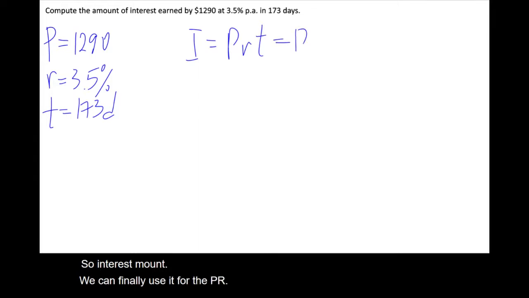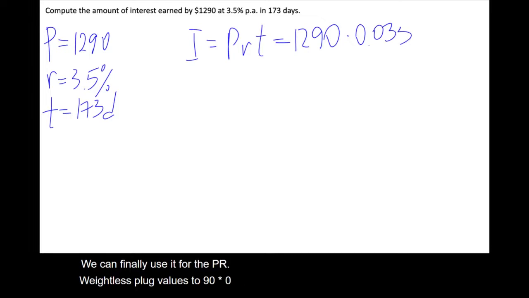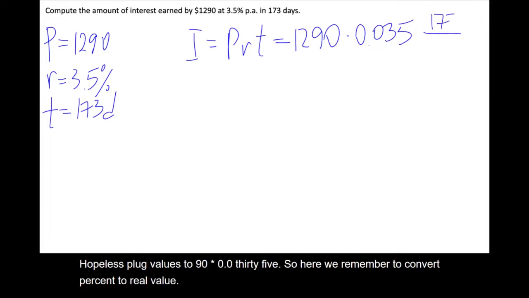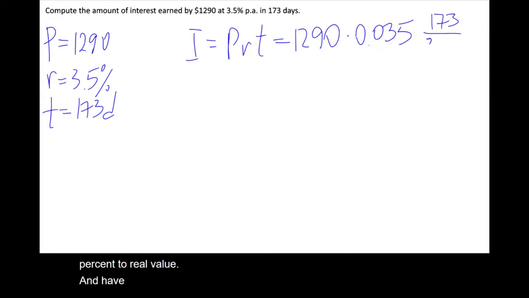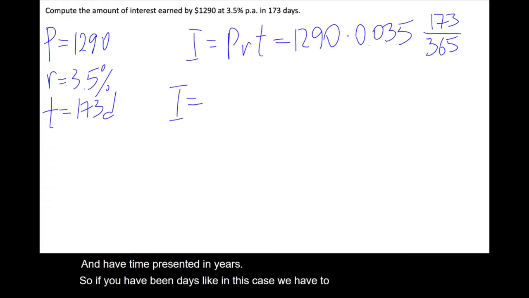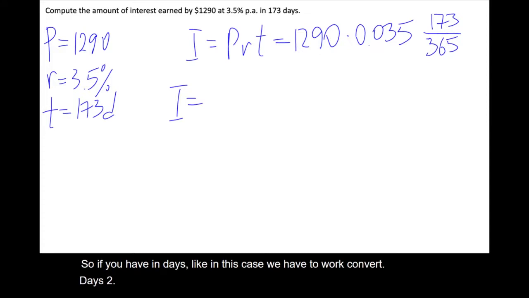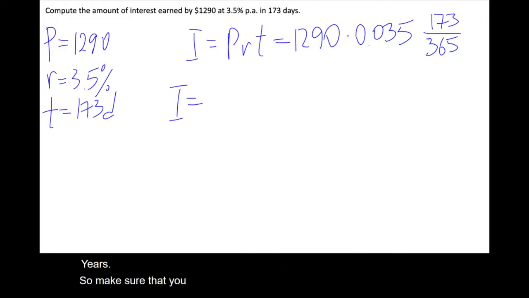Let's plug in values: 1290 times 0.035. Remember to convert percent to a real value and have time presented in years. If you have days, like in this case, we have to convert days to years. So make sure that you know how to calculate it.